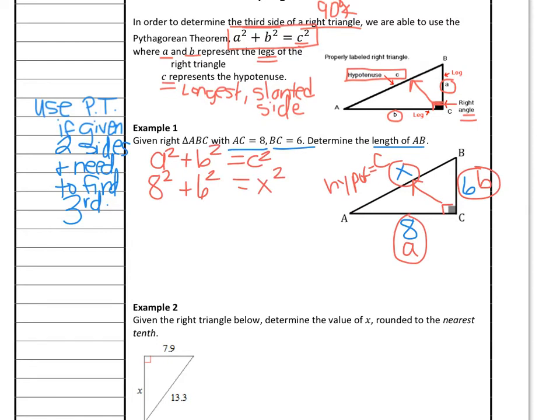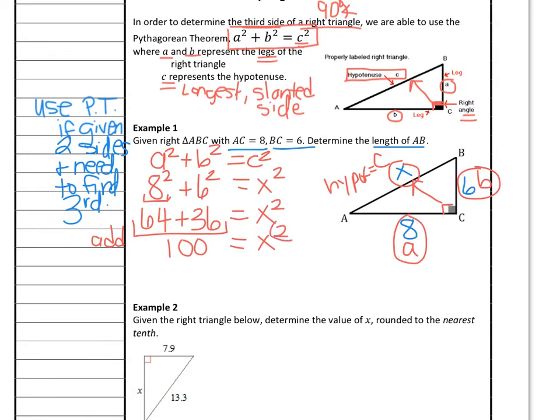Now our next step is to evaluate. 8 squared is 8 times 8, which is 64, plus 6 times 6, which is 36, equals x squared. Since the numbers are on the same side of the equation, we add them together. So 64 plus 36 is 100, equals x squared.